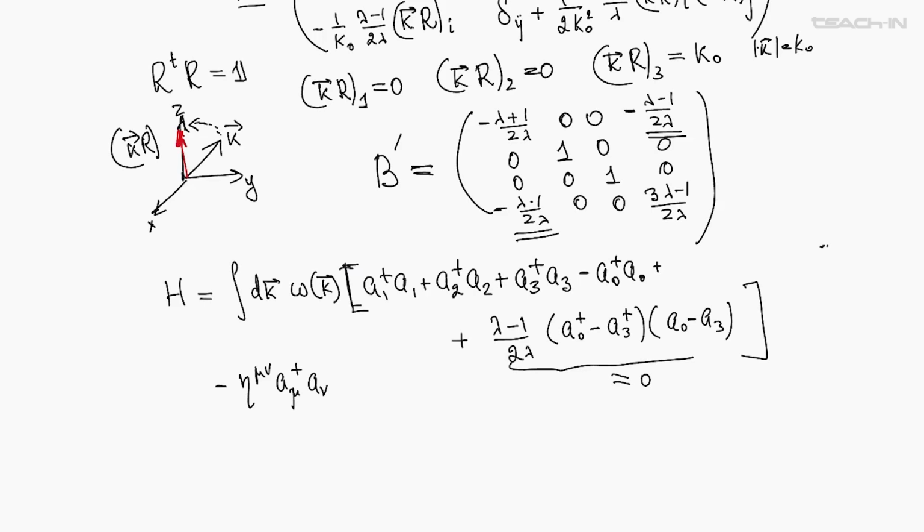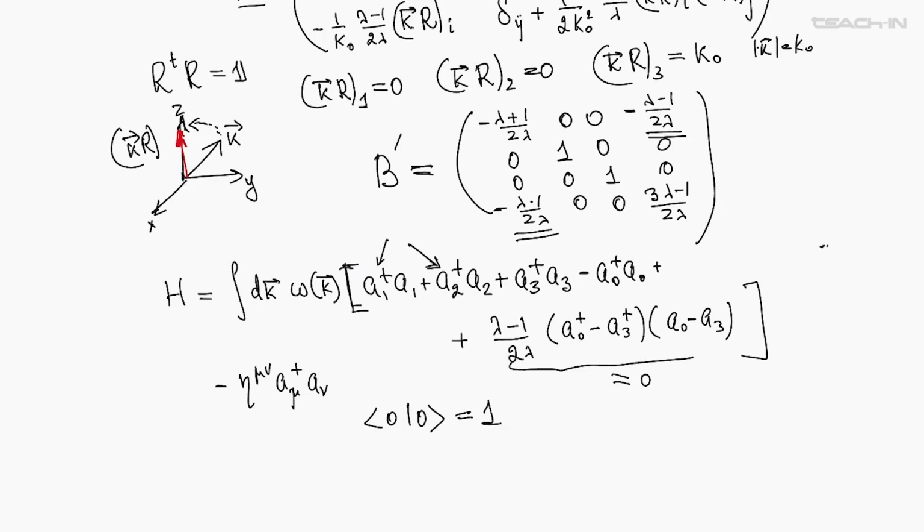Then we start building up Fock space simply by applying to this vacuum all the creation operators we have at our disposal. We say that A1 and A2 are oscillators which generate transverse photons, transverse degrees of freedom.